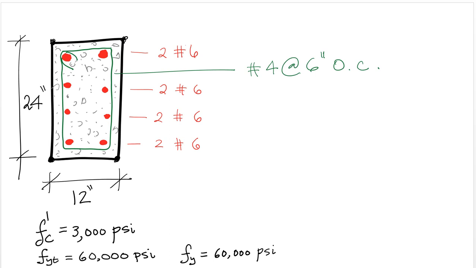It has 8 number 6 rebar going longitudinally, distributed along the perimeter, and stirrups number 4 spaced at 6 inches on center. The compressive strength of the concrete is 3000 psi, and the yield stress of both the transverse and the longitudinal reinforcement is 60,000 psi.